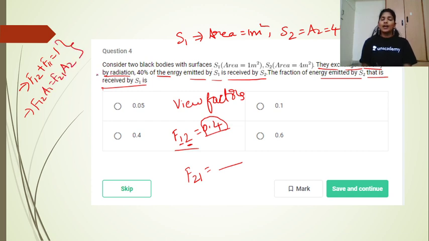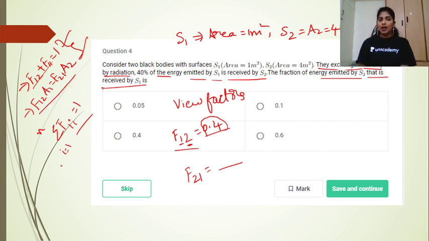When you have heat exchange between bodies through radiation, the basic property is that the summation of the fractions of energy emitted by a particular surface and received by numerous surfaces is equal to 1. So in this question, what is the property that will be useful to us?